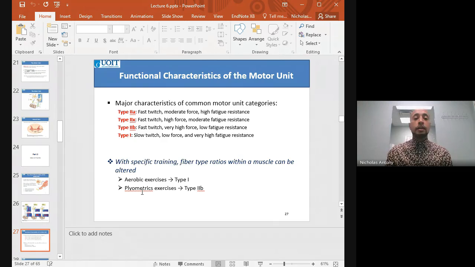So when we talk about this idea of plyometrics, does anyone know what plyometrics is? Plyometrics was an exercise program that was developed for different sports to increase jumping speed, or just to increase fast twitch composition in a particular muscle.